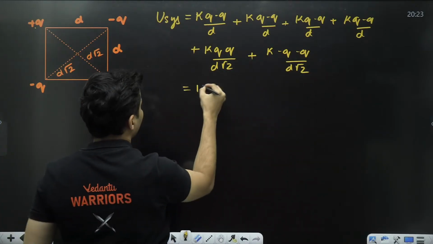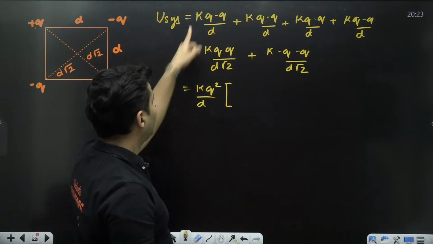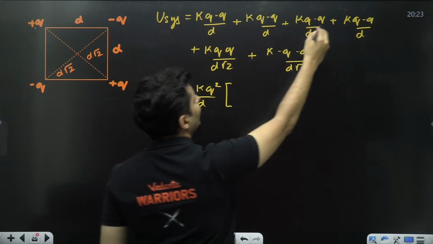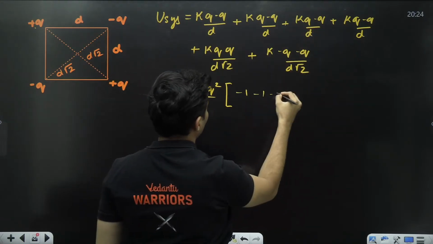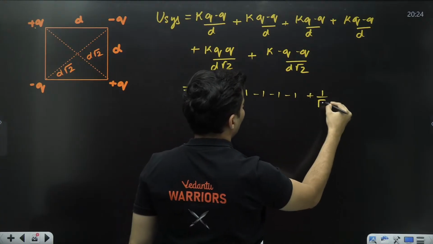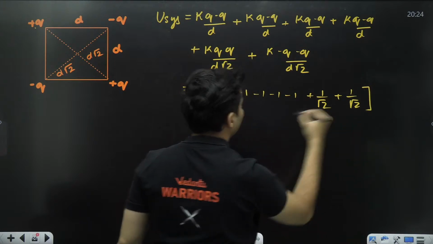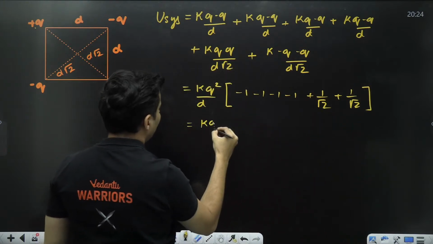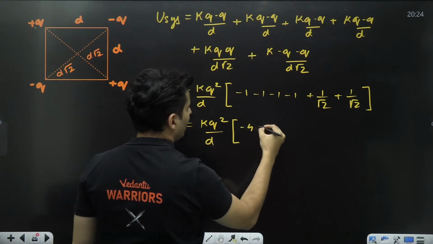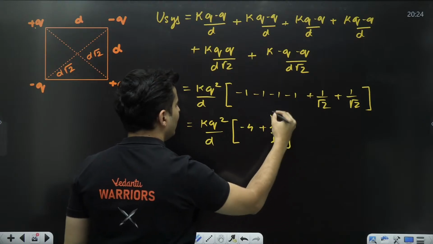See what is happening. K Q square by D is common everywhere. This is minus 1, minus 1, minus 1, minus 1. Here 1 by root 2, 1 by root 2; negative, negative is positive, so 1 by root 2 is there. Do you see that? So what do I get? K Q square by D, you will have minus 4 plus 2 by root 2, which is going to be root 2.